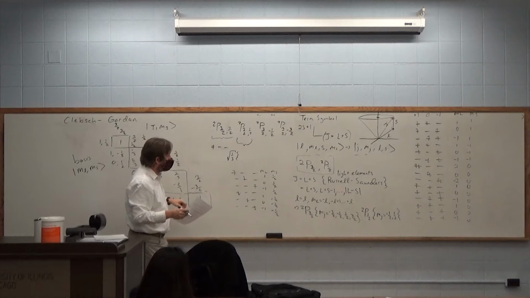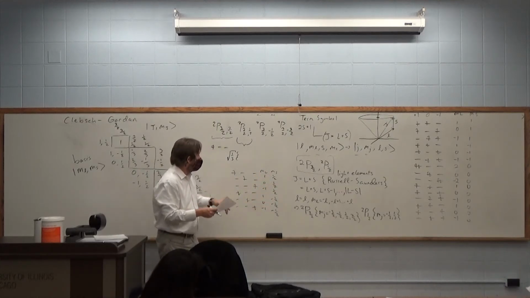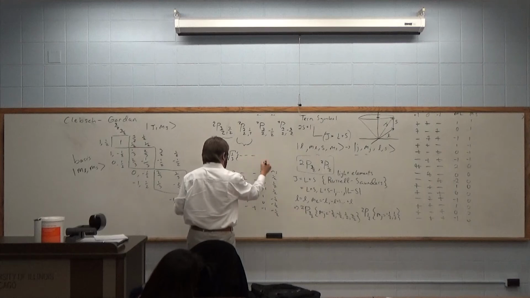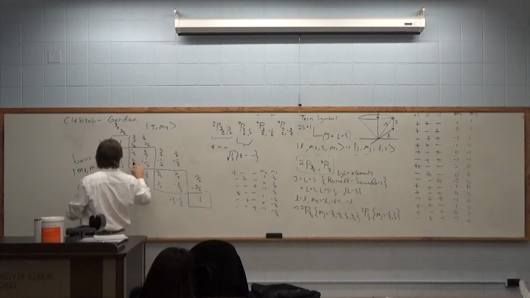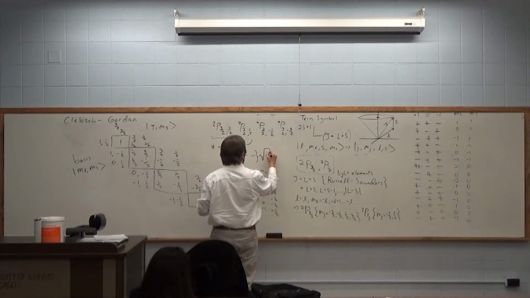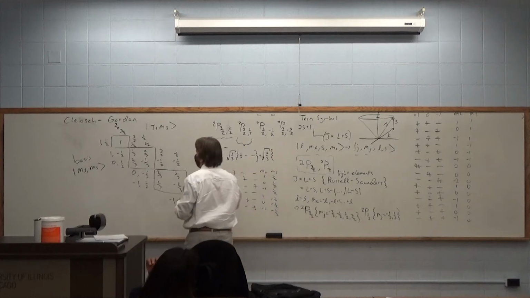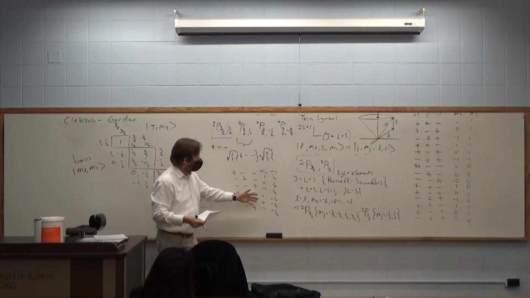So where's 1, minus 1/2? Yeah, exactly, fourth one. Okay, plus square root of 2/3 in a configuration of 0, 1/2. Yeah, there you go.